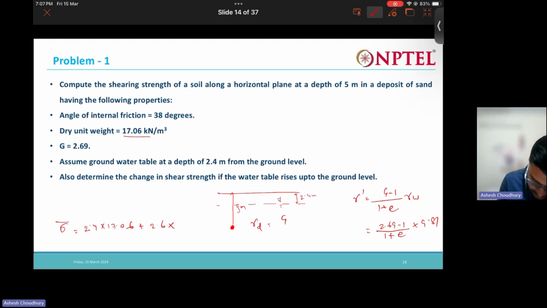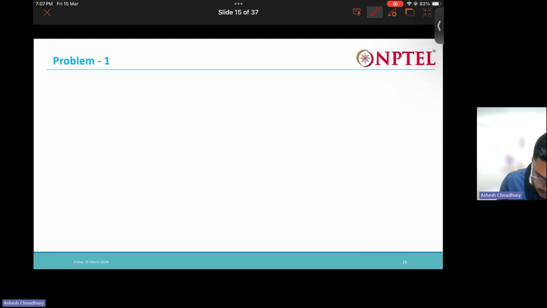The dry unit weight is G gamma w by 1 plus e. From here I can get e equal to 0.546. We put that here, and there you can get the effective stress at 68 point something kN per meter square.